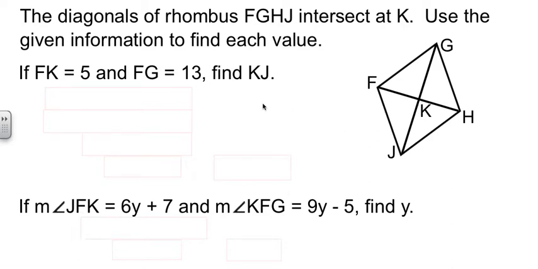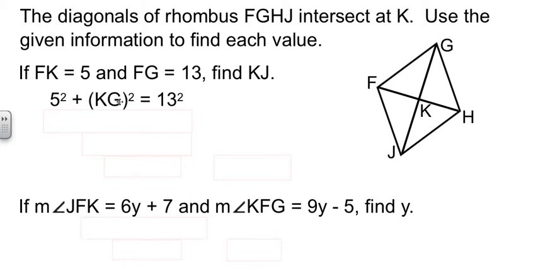But then we think about what we know about a rhombus. We know that the diagonals bisect each other and they're perpendicular. So we have a right angle right here. And whenever I see a triangle with a right angle in it, I immediately think Pythagorean theorem. A squared plus B squared equals C squared.